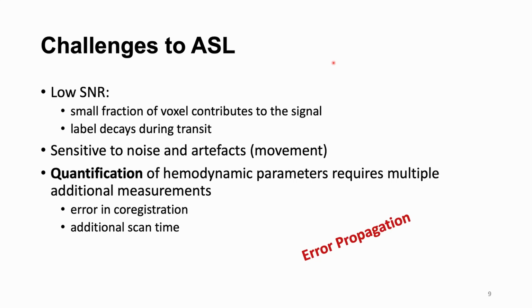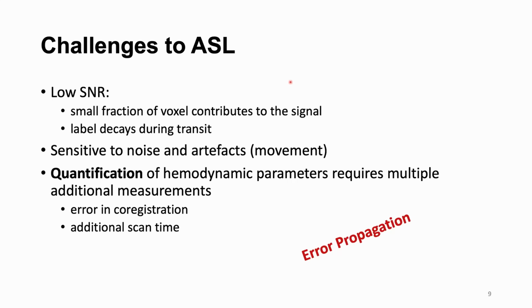We're also subtracting images, and this sort of thing always amplifies your noise and the artifacts, particularly movement. Movement can be a real killer. And since, as I was alluding earlier, you have to have all these additional measurements, there's a lot of error propagation that happens. And then you end up with a lot of uncertainty and a lot of extra scan time.